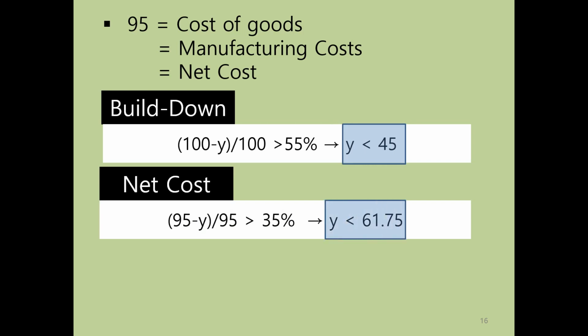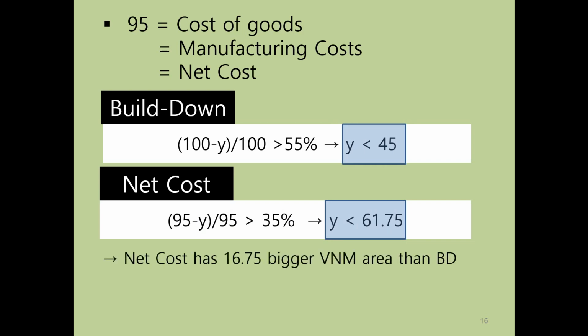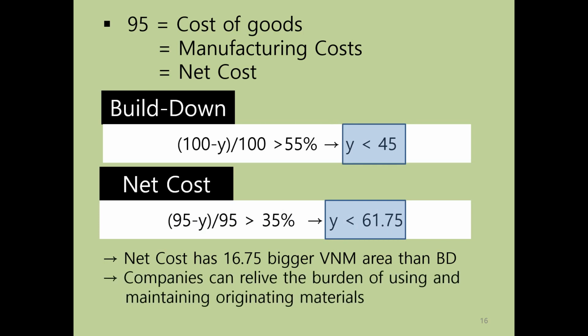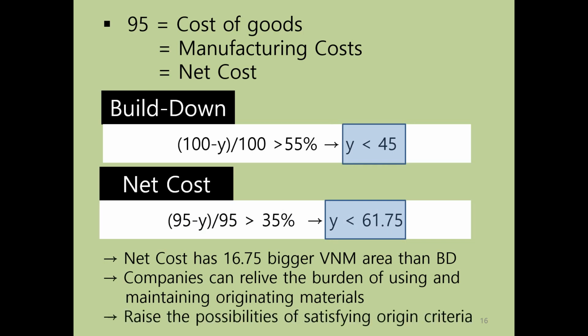The 2 cases are under the same condition, but the net cost method has a 16.75 bigger area than the build-down method, and that means companies can relieve the burden of using and maintaining only originating materials. As for maintaining originating materials, it is a huge burden not only for the car companies, but also for their vendors. And it also raises the possibility of satisfying the origin criteria.